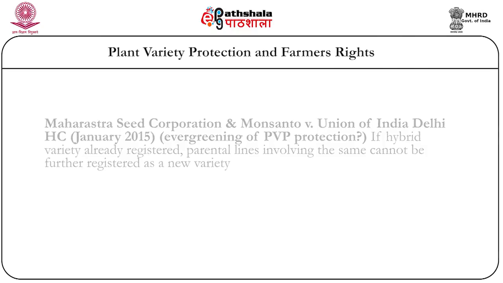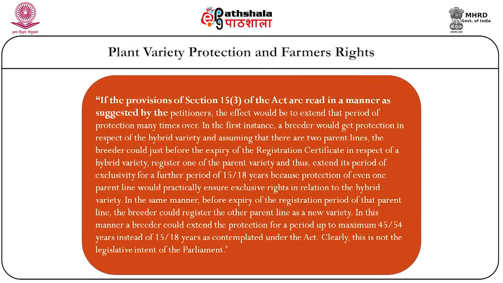The Delhi High Court said, if the provisions of section 15(3) of the Act are read in a manner as suggested by the petitioners, that is Maharashtra Seed Corporation, the effect would be to extend the period of protection many times over.